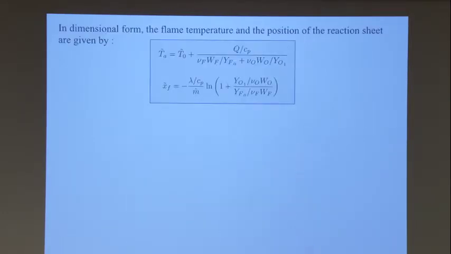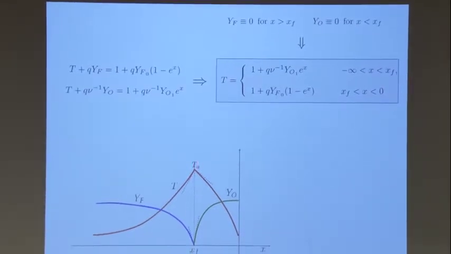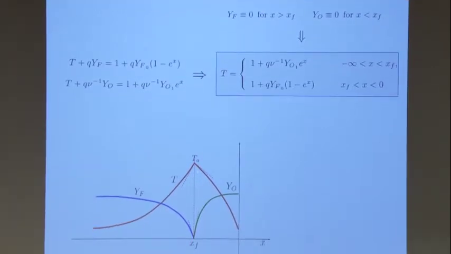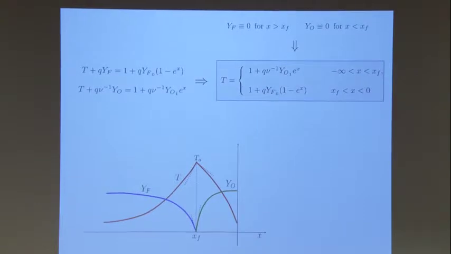I wanted to go back to this picture just to note that the solutions at the reaction sheet are continuous, but there is a discontinuity in slope. The slope, for example, of the blue curve here is finite, and then it's 0, and similarly in the oxidizer, and similarly in the temperature.